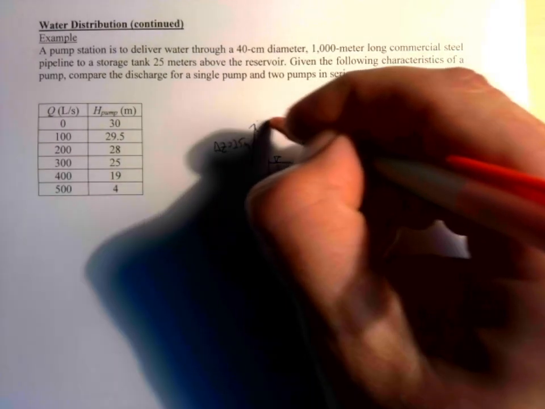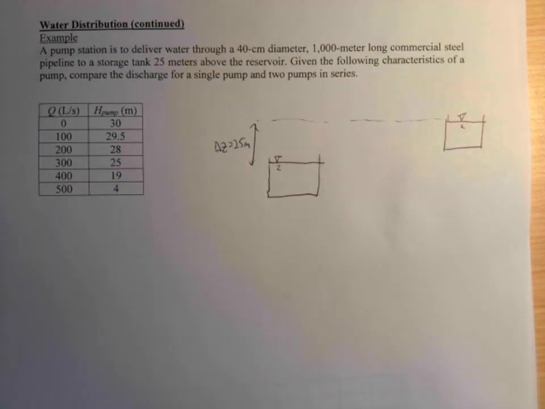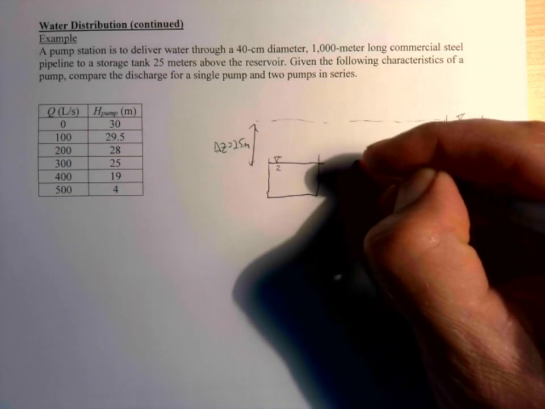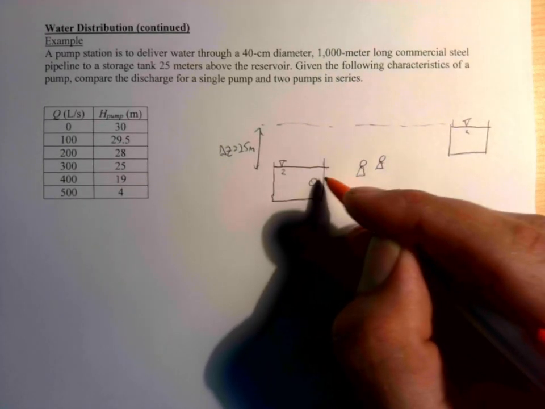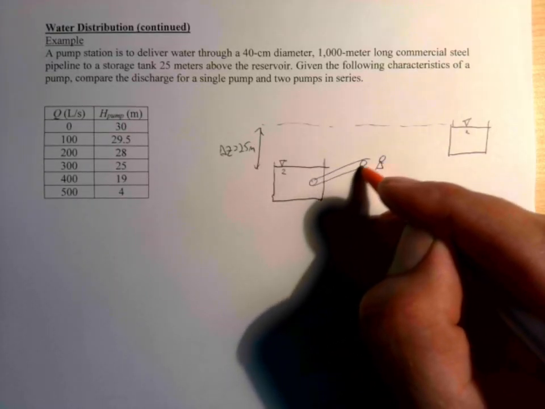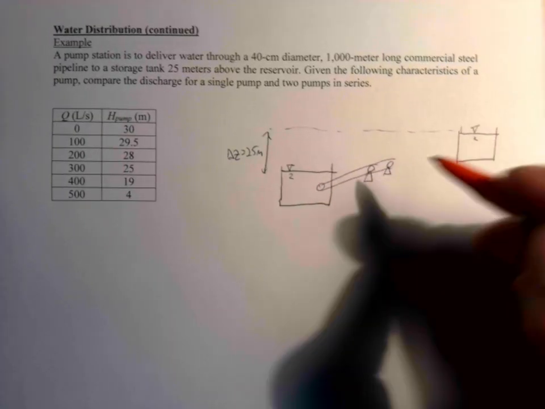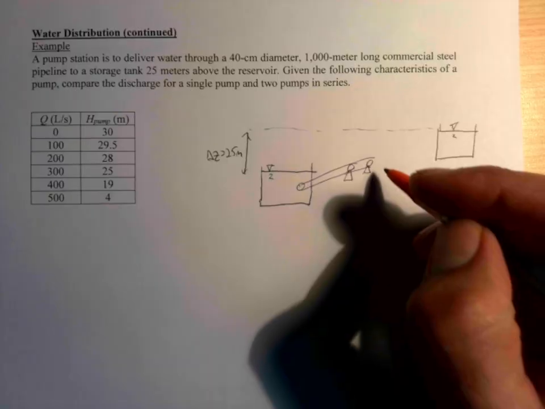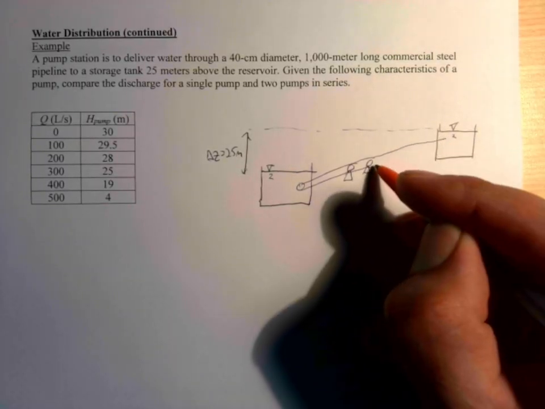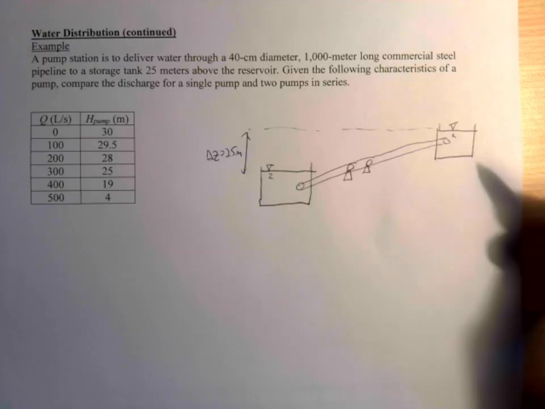Okay, 25 meters of height difference. And then we're going to look at one pump versus, I'll just go ahead and draw the second one there in series. Okay, and so these two are both going to be pumping the same amount of flow, but they're each going to add head. Okay, and going from one spot to the next.